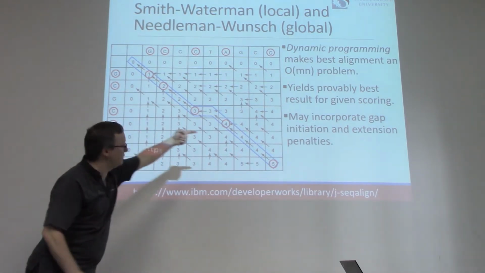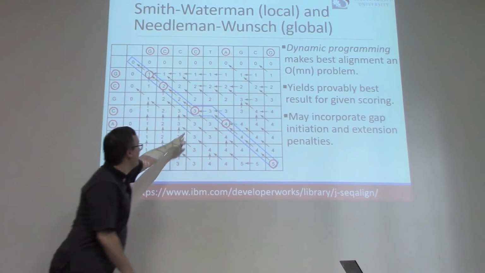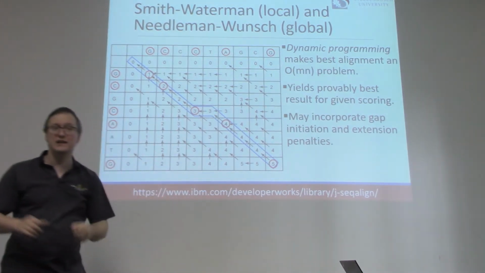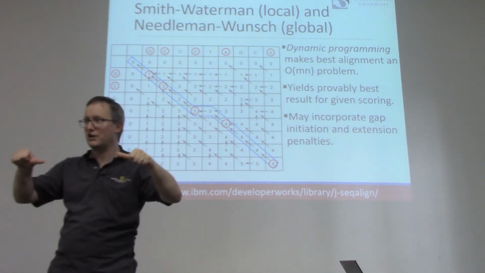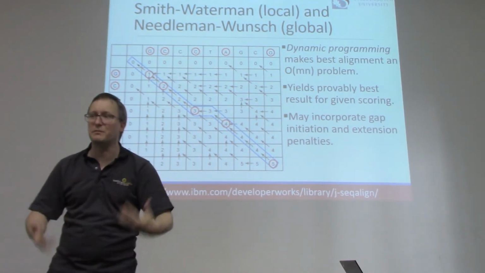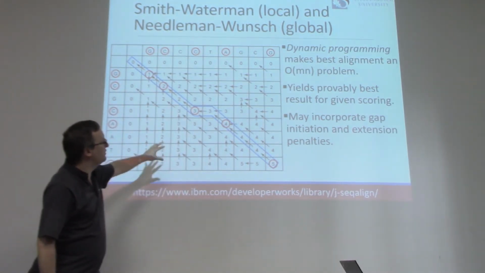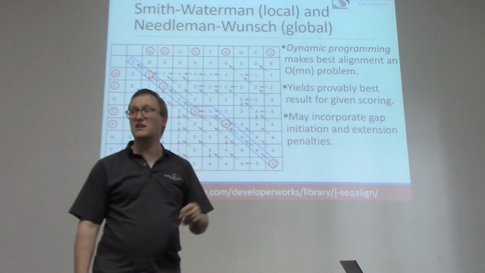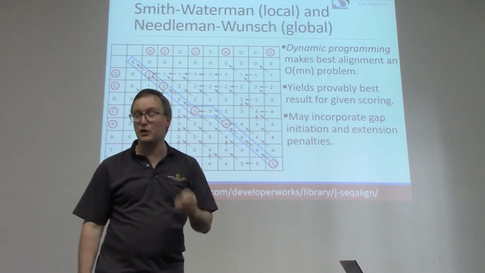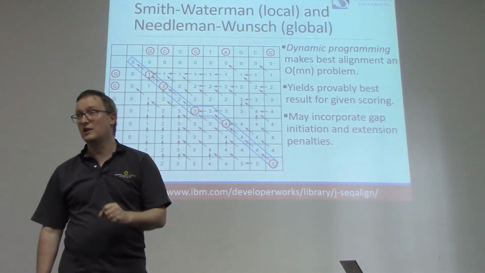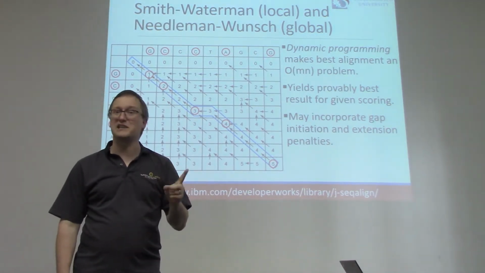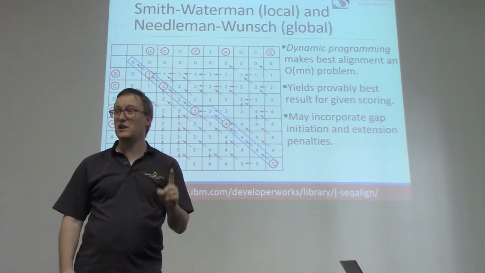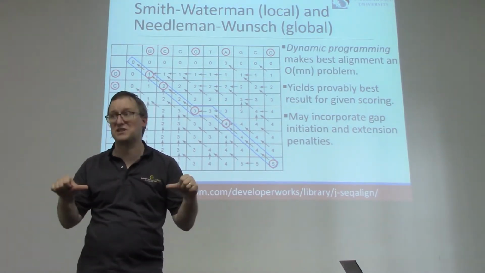When you see a jump horizontally or vertically, like at this little bootleg here, it's saying it has to insert a character in one of those sequences to force the best alignment possible. So this is a great approach to doing this kind of alignment, but it is slow because it's producing a provably correct result.